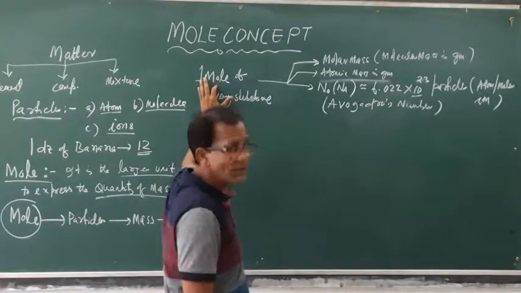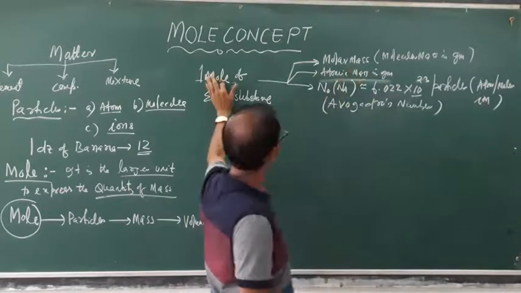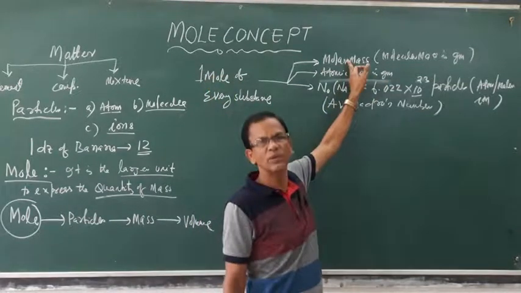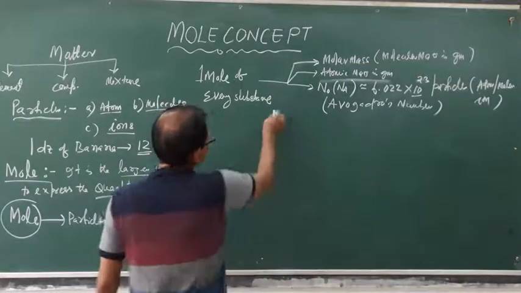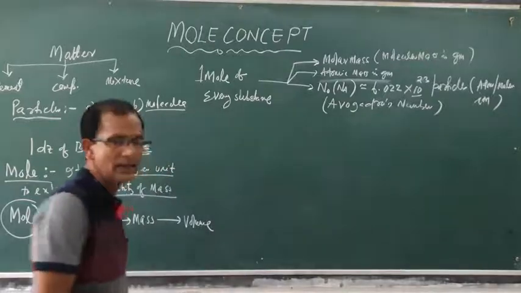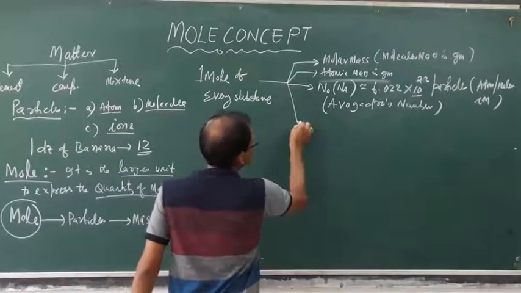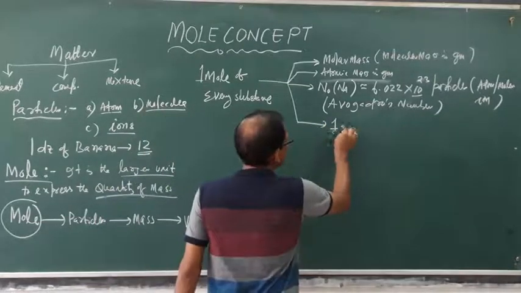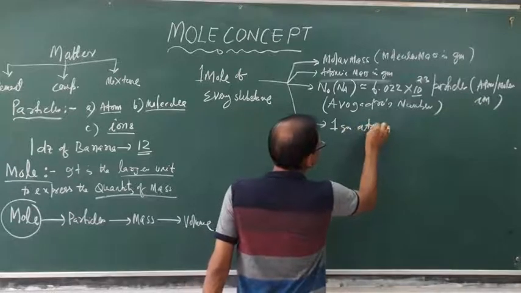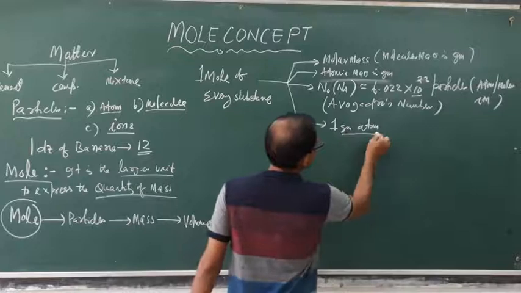And 1 mole is always equal to atomic mass in gram. 1 mole is also equal to molar mass, molecular mass in gram, depending upon the composition. This 1 mole is also called 1 gram atom. This is a very important term, gram atom.